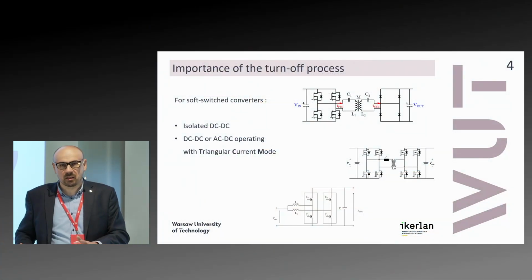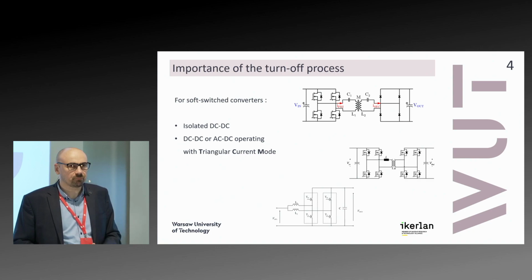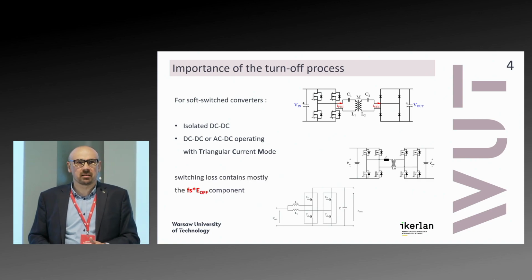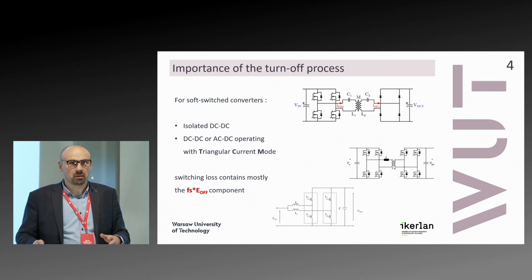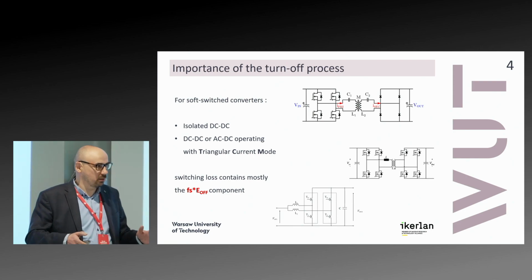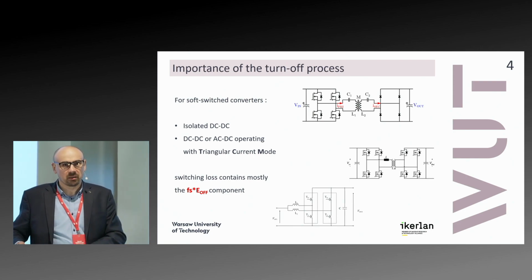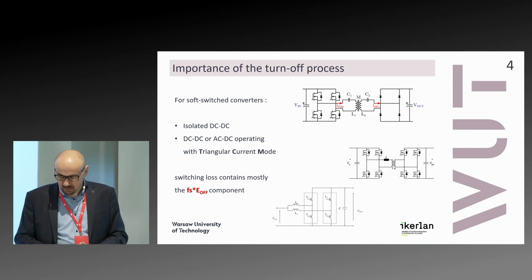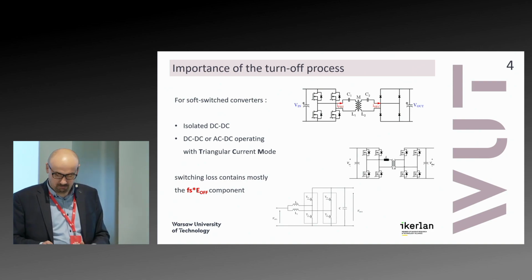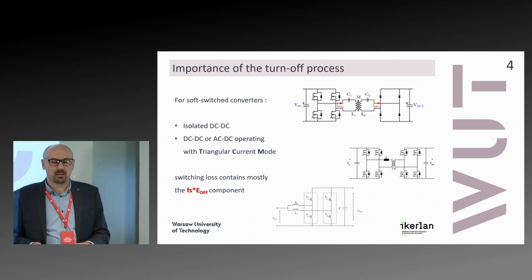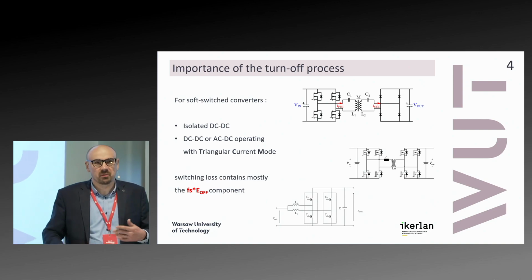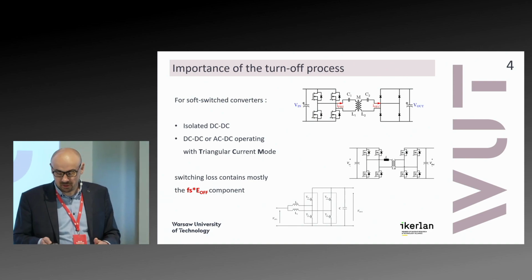So there is a group of soft switch converters, and in this group, one component of the loss is conduction, and the other is mostly related to the turn off. And as you can see, mostly we multiply the switching frequency by turn off energy.